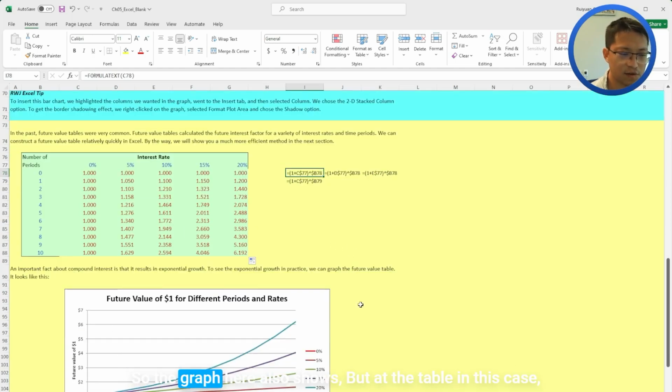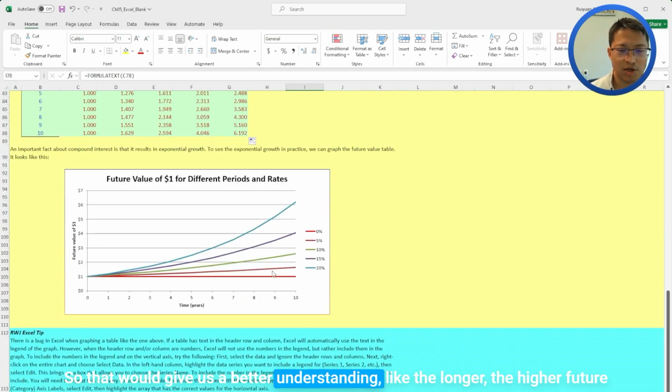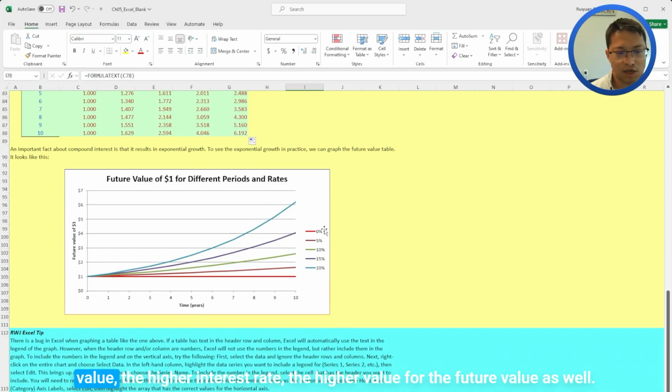So the table here shows the calculation of the future value of $1 for different time periods and different interest rates. That will give us a better understanding: the longer the time, the higher the future value, and the higher the interest rate, the higher the future value as well.